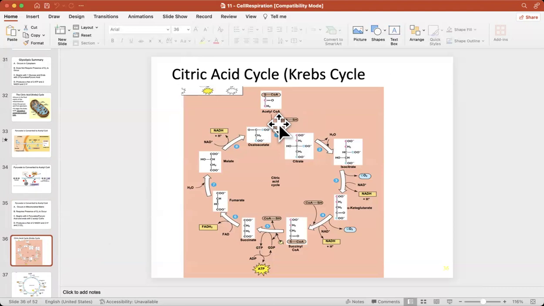The citric acid cycle is a cycle, it just keeps going in the mitochondria. I won't ask you about each step of the whole process. You will learn those details when you take biochem. I want you to know the meaning of this process: what's the input, what's the output.